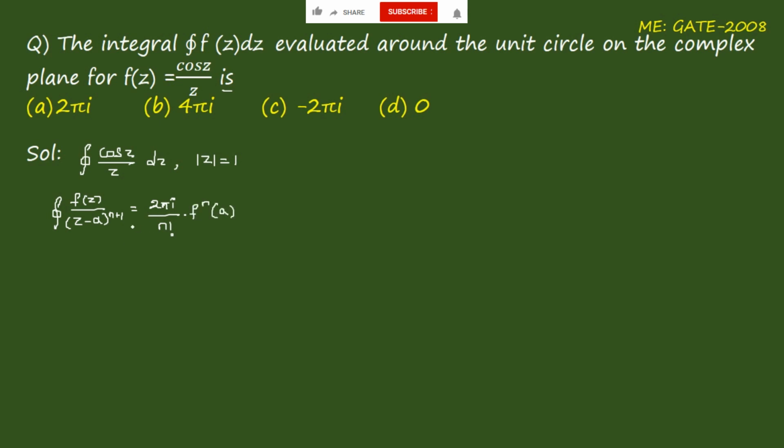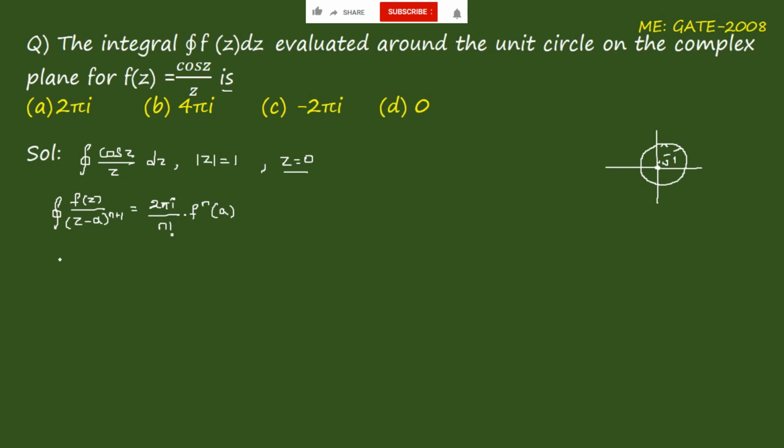Now first we'll check the pole. You can see that z is equal to 0 is a pole, and we check whether it is inside the circle or not. You consider a circle centered at the origin, and its radius is given as 1, right? Now z is equal to 0 is a pole in the center only, so we can use this particular formula.